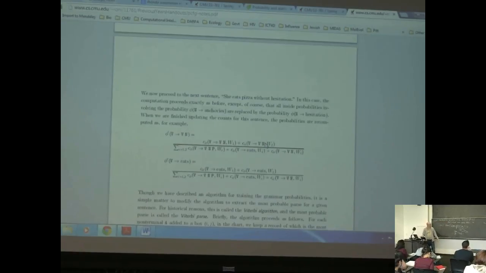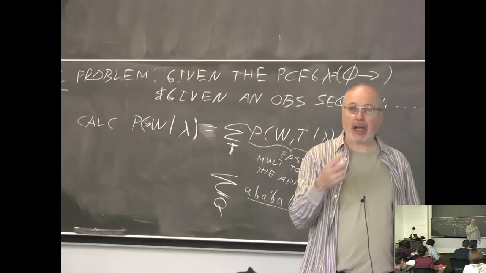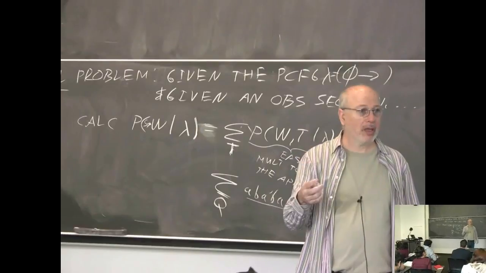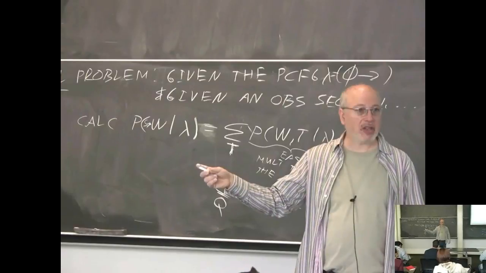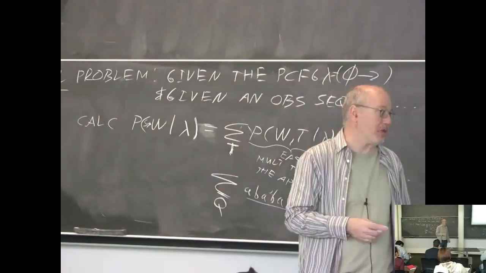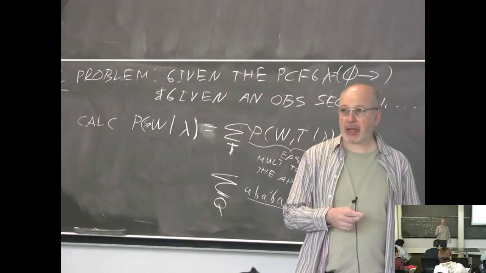So this is how we solve the evaluation problem. Just like we have Viterbi in HMM, which is the decoding problem, we can also do it here. We can ask which tree is the most likely tree given the observation. So if you want to produce your top parse, you would ask which is the most likely tree.